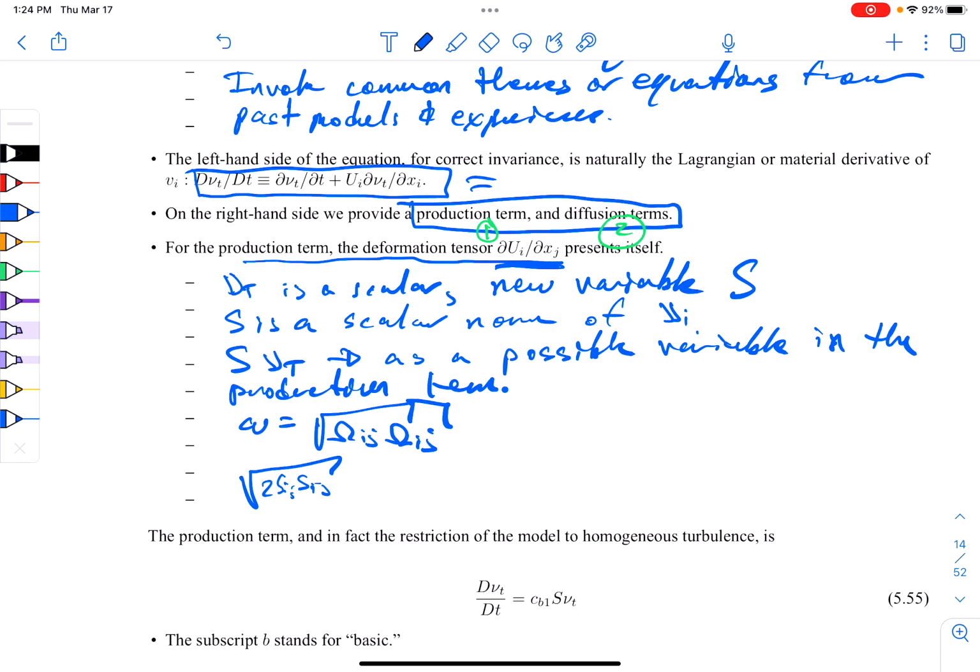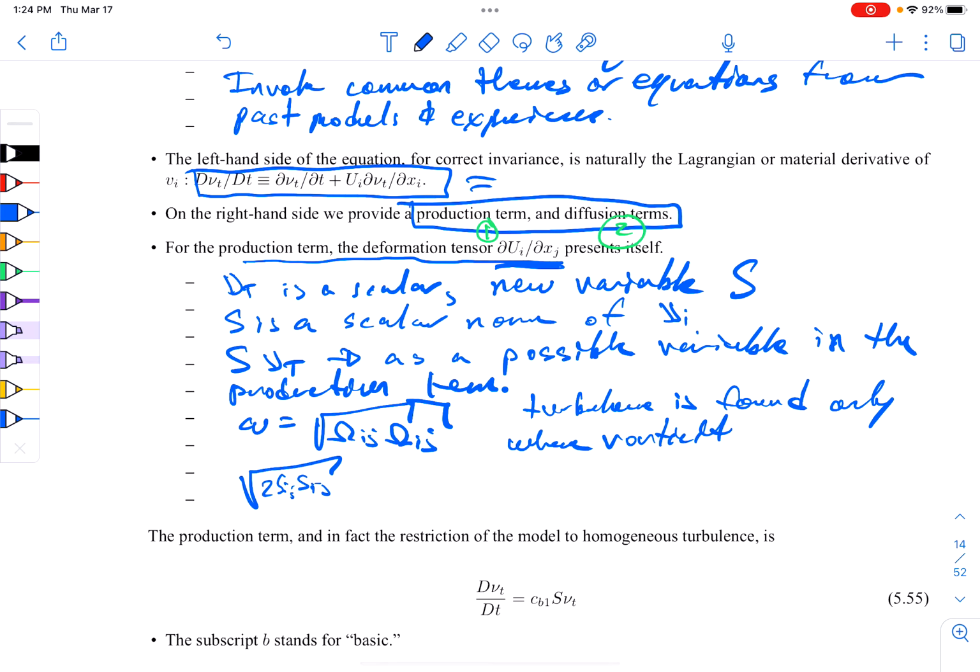And they assume that turbulence is found only where vorticity occurs. So that's one of the early assumptions of their model that I note. And I think it's noted later in their other papers that it is possible for vorticity to form in flows where it's not really turbulent.